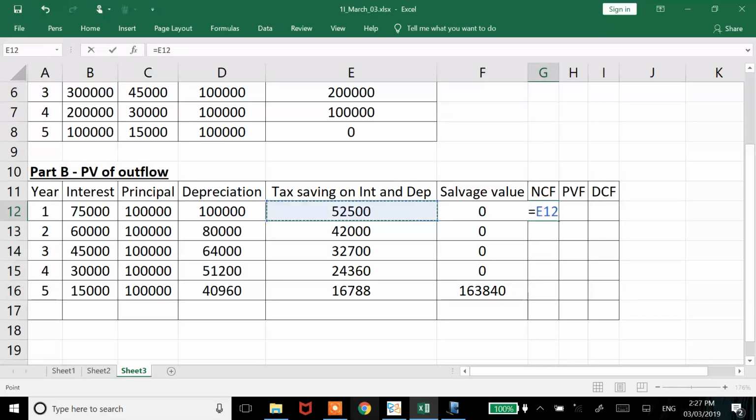NCF is interest plus principal minus tax saving minus salvage value.